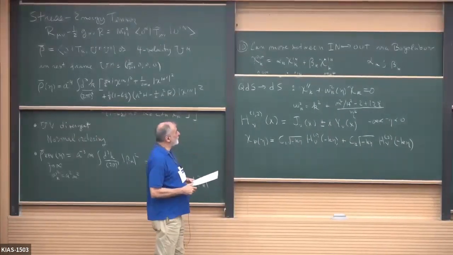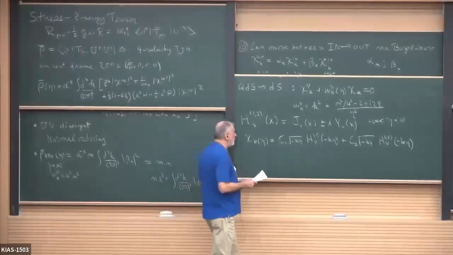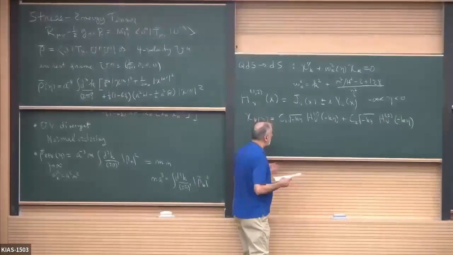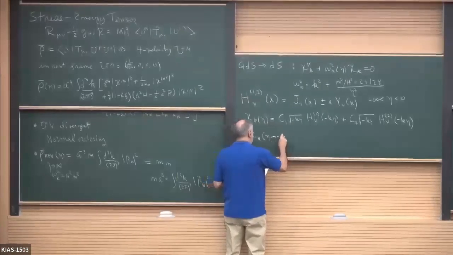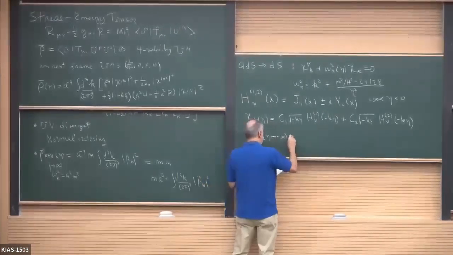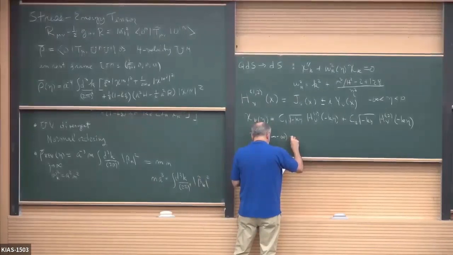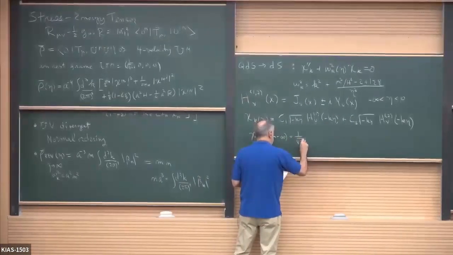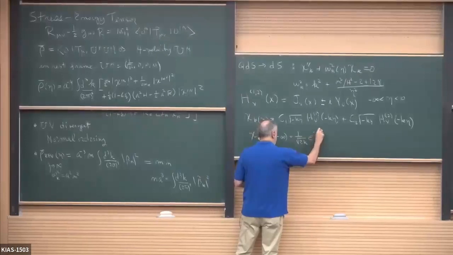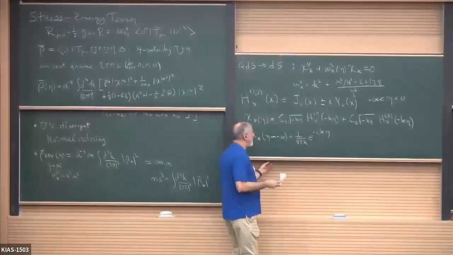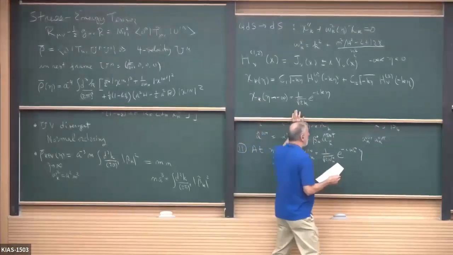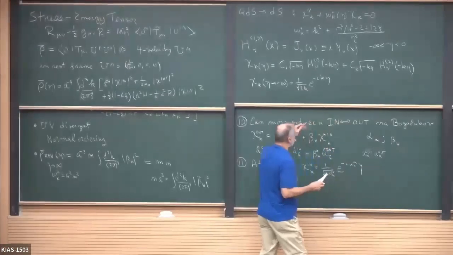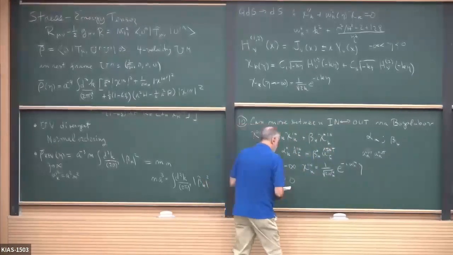Now, we want to choose C1 and C2, the boundary, such that it meets the boundary condition that chi k of eta to minus infinity is... and with this boundary condition, C2 would be 0.